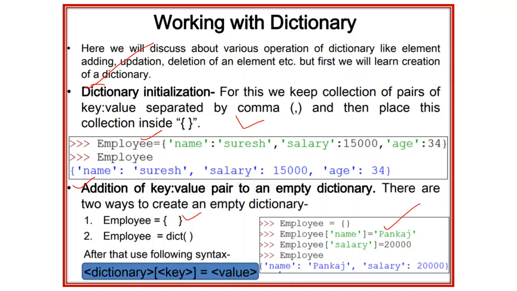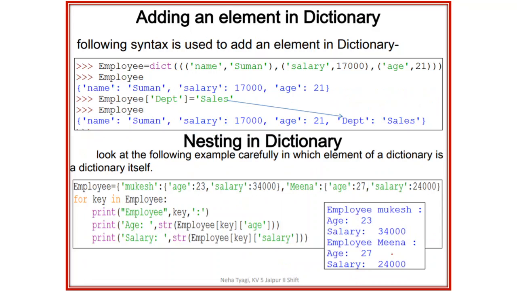Now you can assign a key value pair like this. Employee of, you will pass the key inside this and assign a value to employee of name. In the same way you can create another key value pair. After printing this, you will see that the name key has value Pankaj and the salary key has value 20,000.